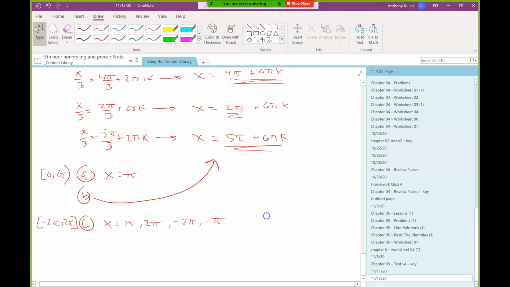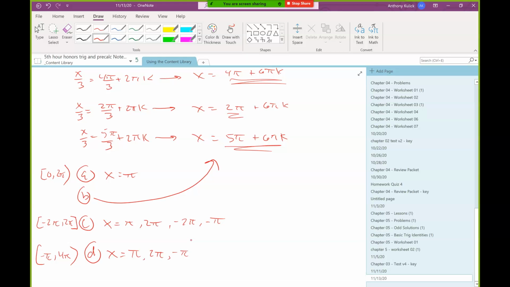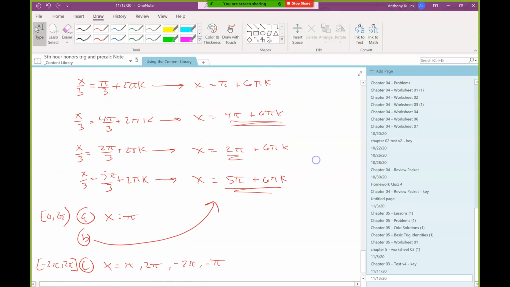Okay. And then for D, our interval is negative pi to 4 pi. So let's see, we're going to get pi, we get 2 pi, we get negative pi from that list, but negative 2 pi is too small. And then we also are going to get, oh, nothing else, right?